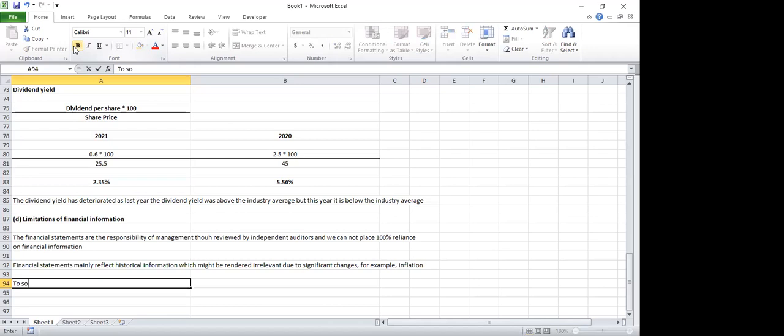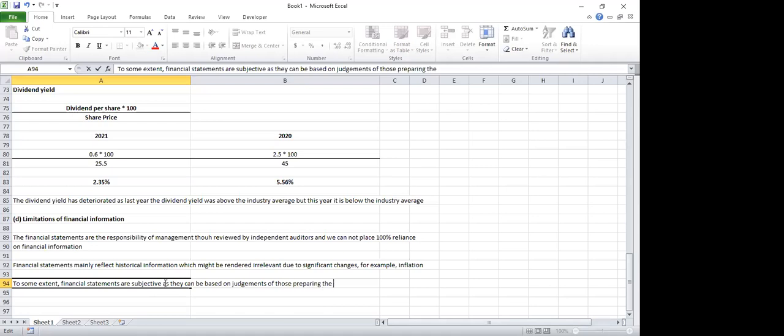Then, to some extent, financial statements are subjective. They can be based on judgments of those preparing the financial statements.